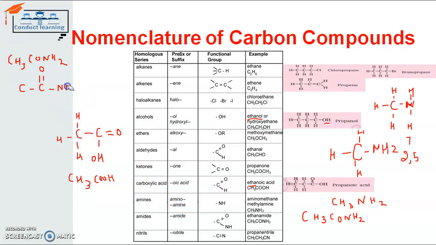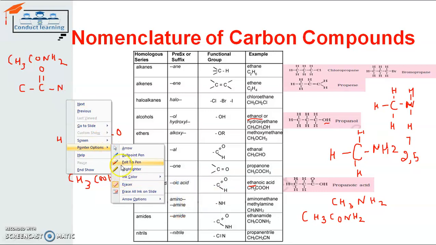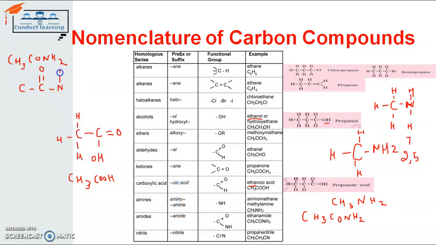Or you can say this nitrogen can also be drawn like that. It can also be like that. This carbon is making a double bond with oxygen and a single bond with NH2, but nitrogen has a valency of 3, so this nitrogen shares one of its electrons with this carbon atom, one with this hydrogen and one with this hydrogen, and this left carbon atom will share its three electrons with three different hydrogen atoms.